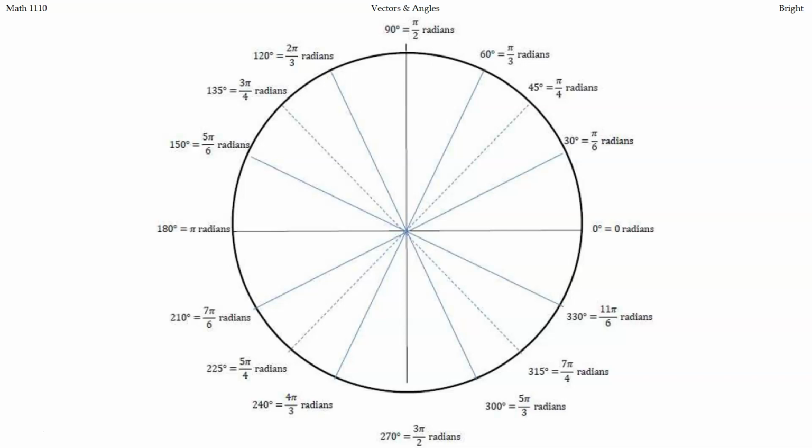You have to know, okay, if we're talking about pi over 6 radians, that's 30 degrees, or maybe you have 300 degrees and you need to convert that to radians. Well, that's the same as 5 pi over 3.